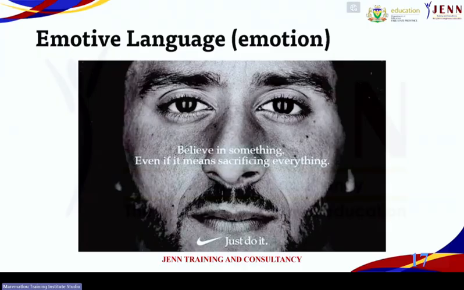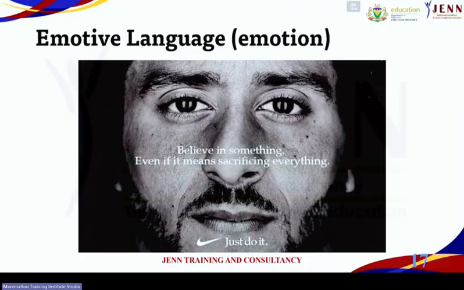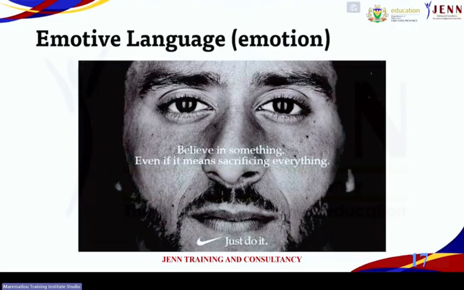They are using a picture of an athlete up close, staring at you in the eye, and this is saying believe in something, even if it means sacrificing everything. Very strong words being used, and it evokes emotion out of us.